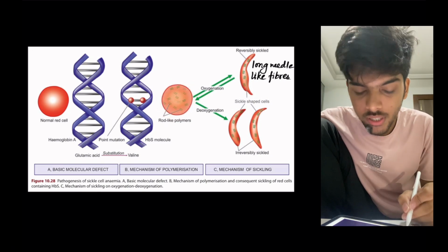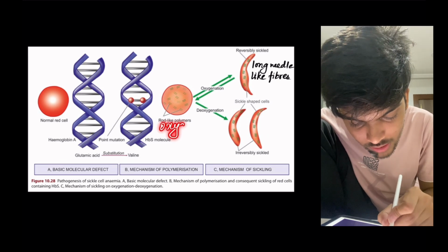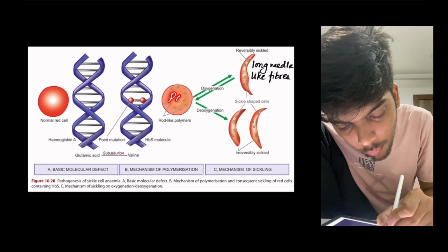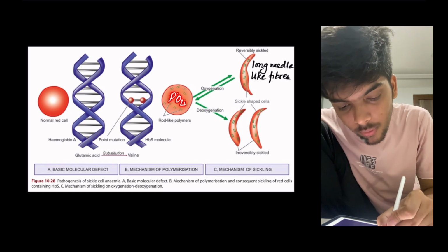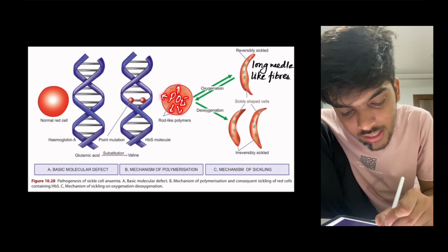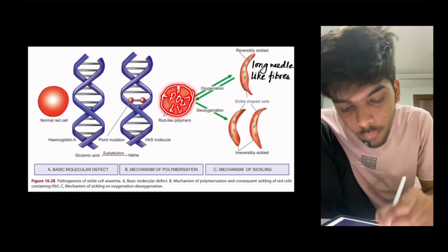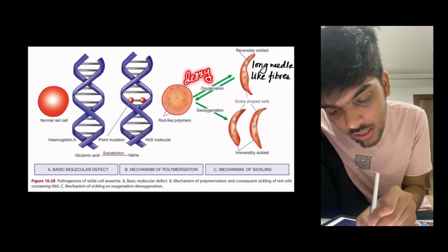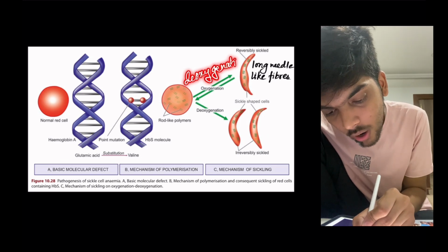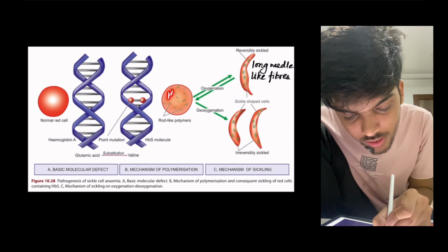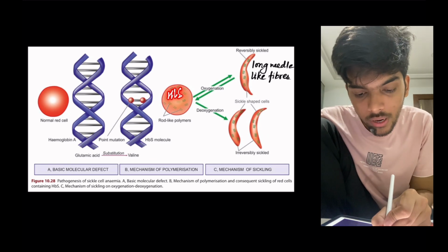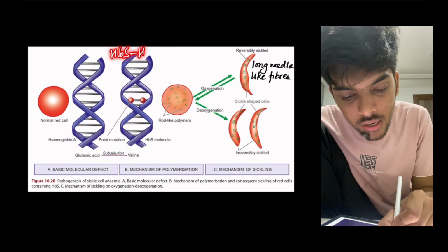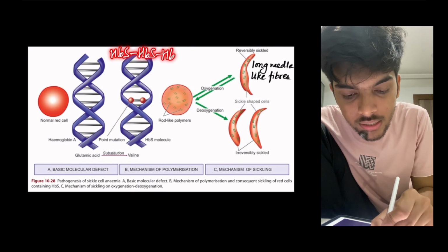In the presence of oxygen, or when the red blood cell is oxygenated, due to the partial pressure present inside, the red blood cell is kept distended. But once deoxygenation occurs, first the HbS hemoglobin present within the RBC forms a chain, or polymerizes: HbS, HbS, HbS, HbS.